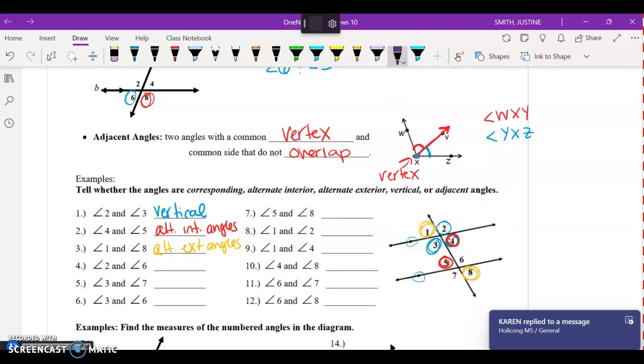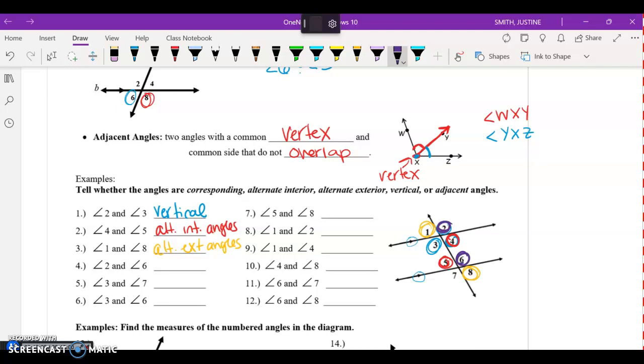All right, so we have 2 and 6. If we think about splitting this picture, 2 and 6 share that same position on the top and the bottom. So if they're sharing that same position, they're going to be corresponding angles. And we have 3 and 7.